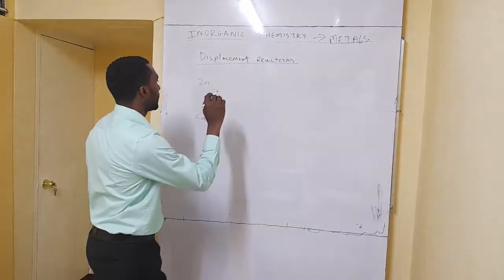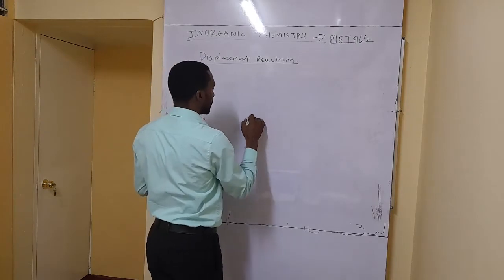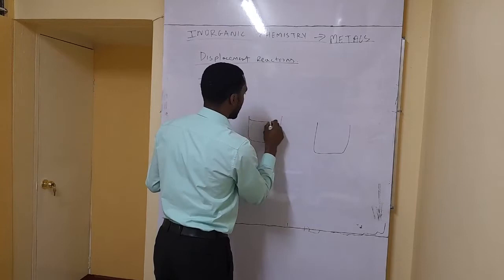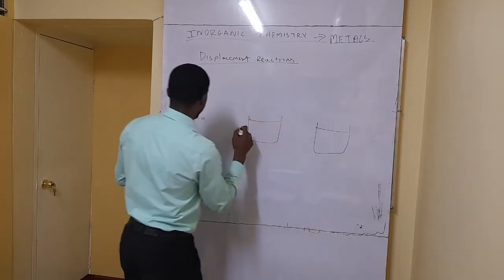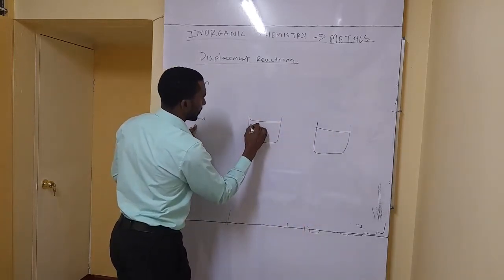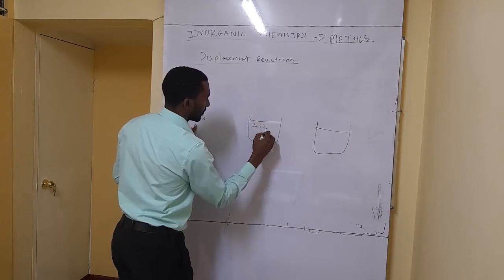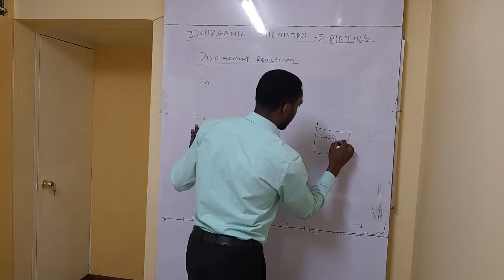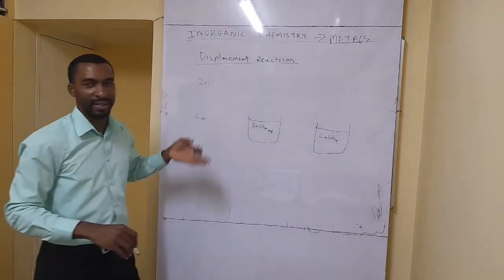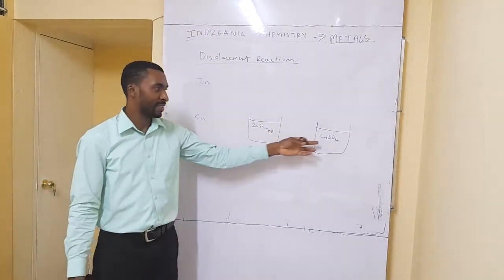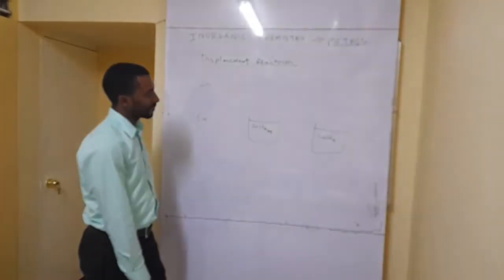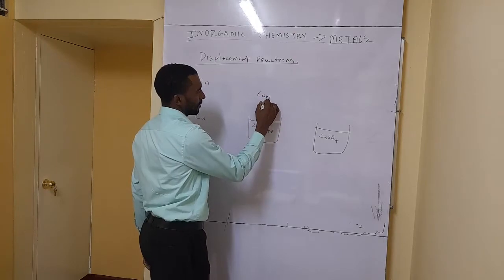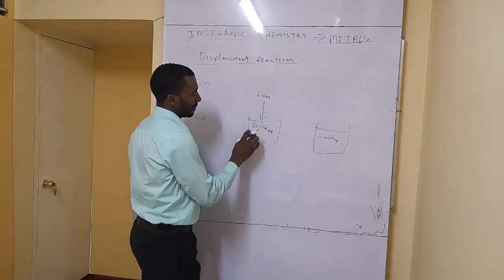Now, if we have 2 solutions here, in this one we have zinc sulfate, and in this one we have copper sulfate, say we react the metal with sulfuric acid and form these salts. If we put a piece of copper metal in the zinc sulfate, what do you think will happen?